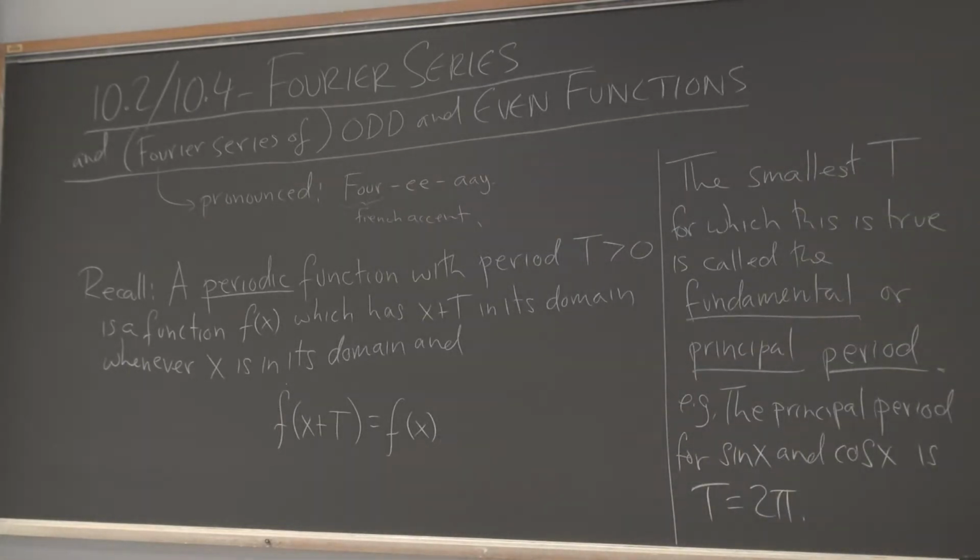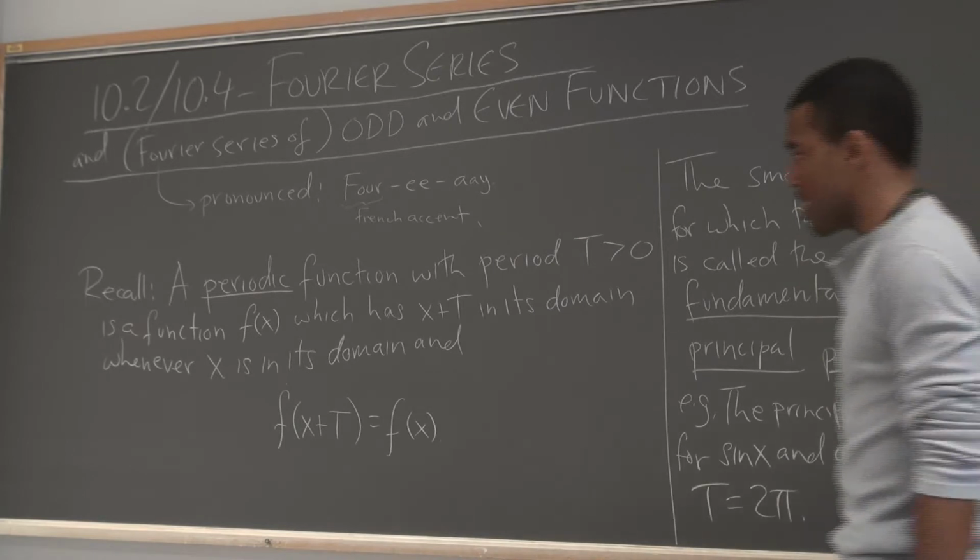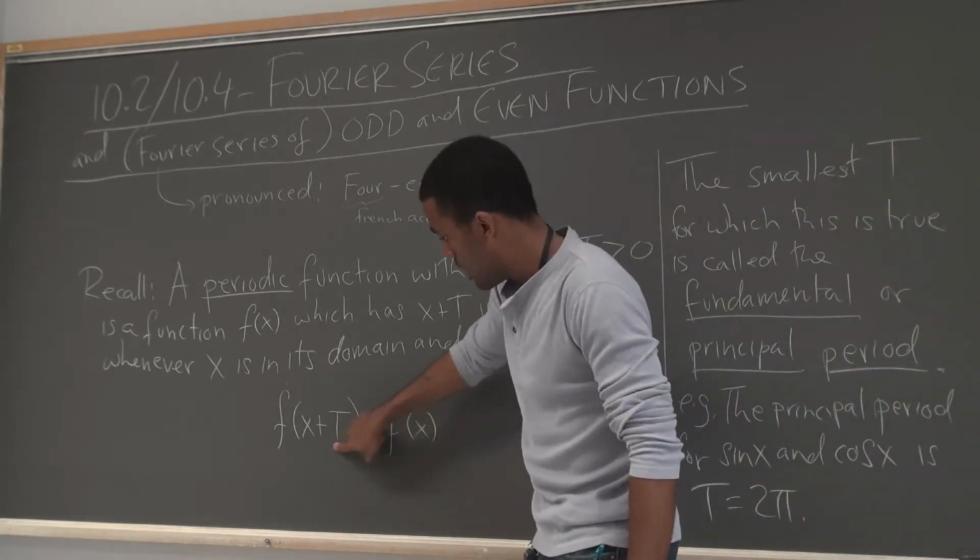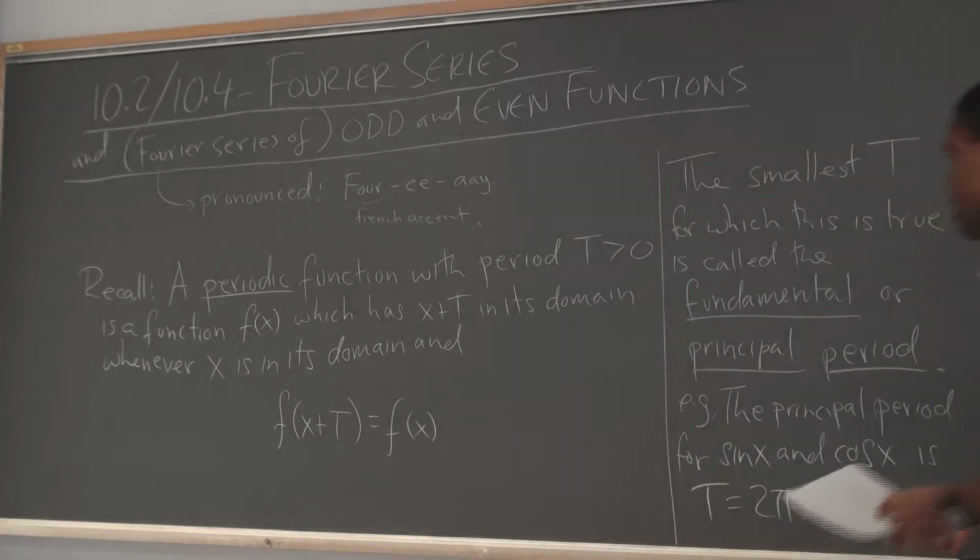Okay, so that's what a periodic function is. It's just a function that does the same thing over and over, and it does it on the basis of some interval, which we call T here, because they usually think of it as time.